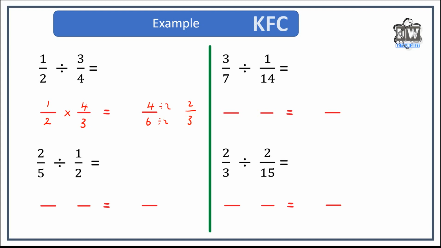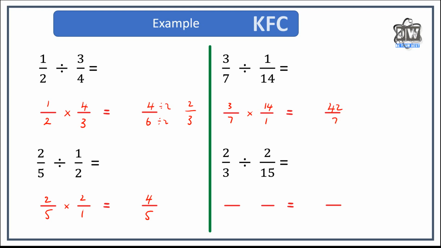The next one is going to be keep, flip, change. So I've got 4/5. Keep, flip, and change. So I've got my 3 times 14, and that gives me 42. And that's going to be over top of 7 times 1, which gives me 7.